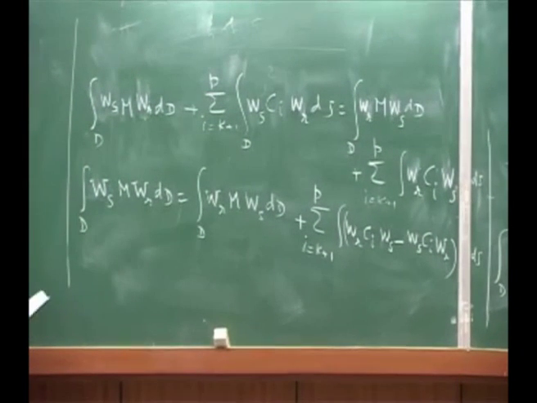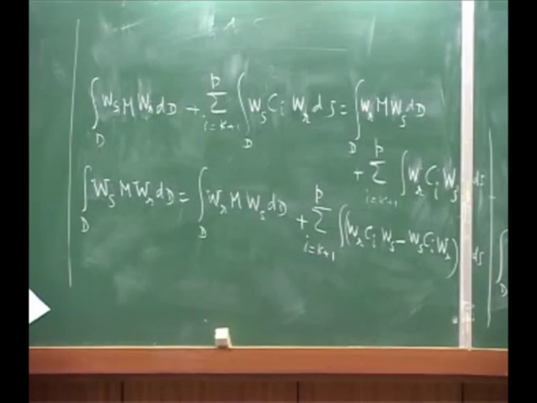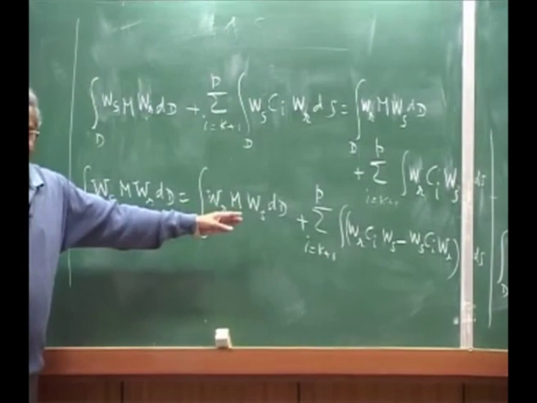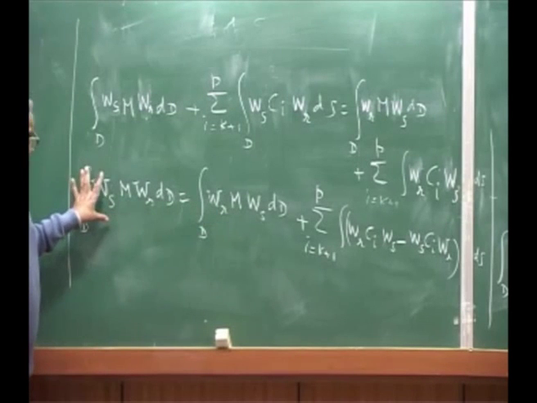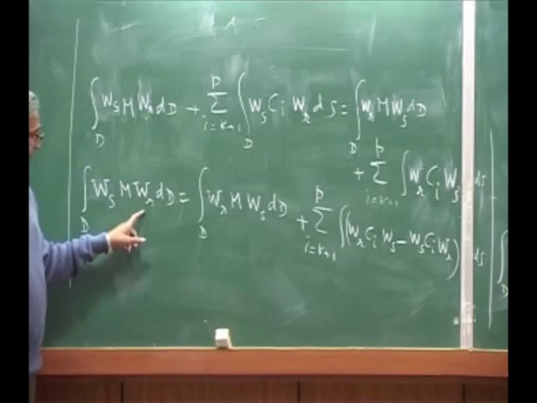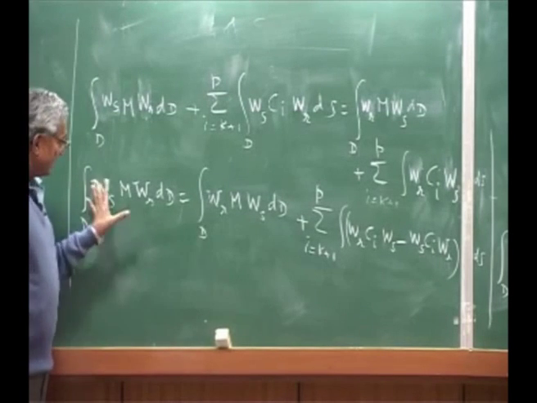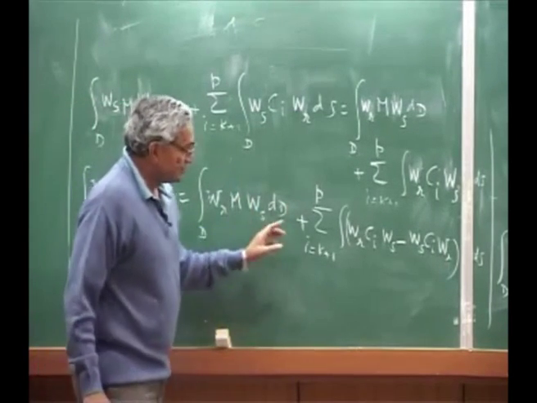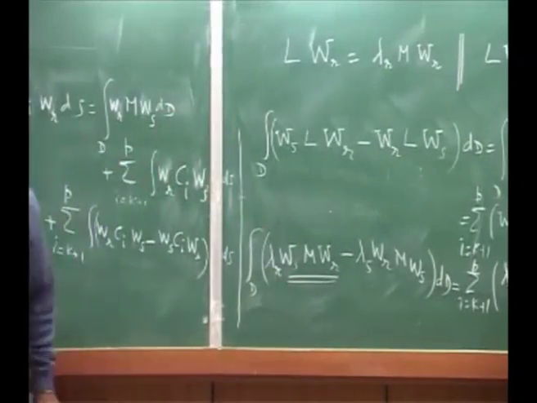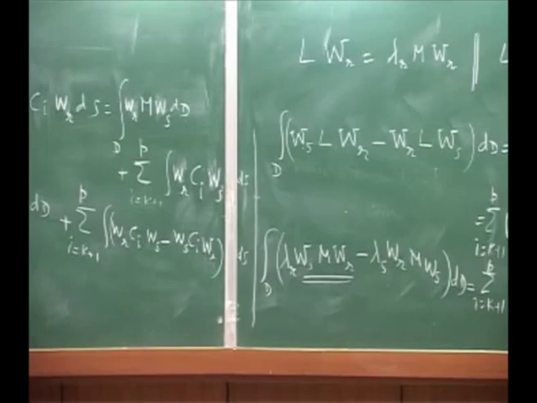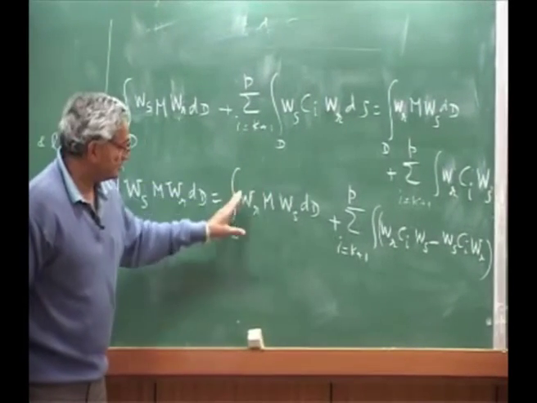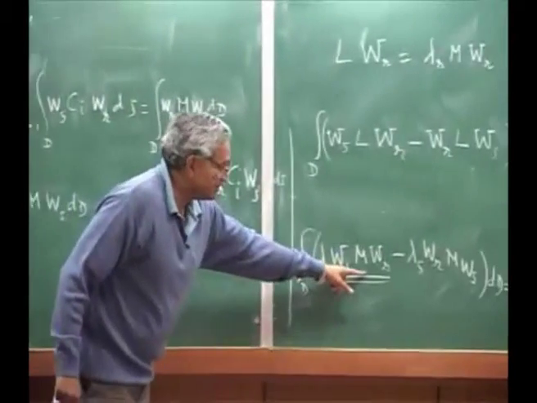Now what I have to do is I take this term, this is integral Ws M Wr over the domain. I will simply take this entire term, put it here in this place. I am replacing, please understand, I am replacing this entire term in a particular place.